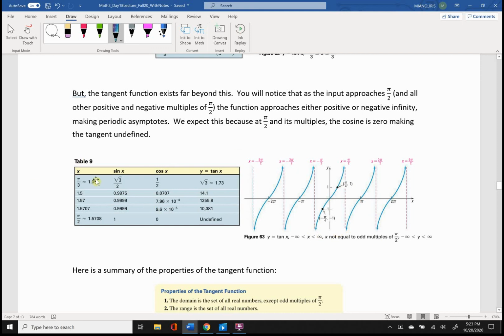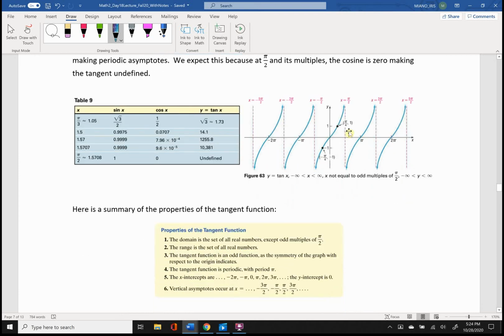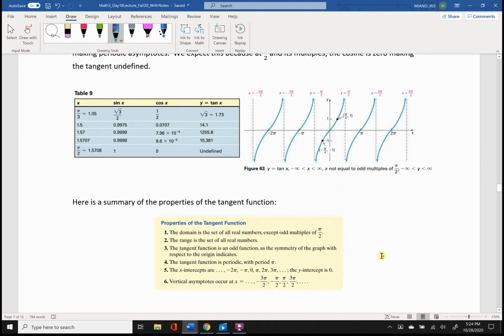From this table, you could see the asymptote at pi over 2, where the output is undefined because the cosine, the denominator in the ratio version of tangent x, which is sine x over cosine x, is 0 at pi over 2. So the value of the tangent is undefined there. Hence, the placement of these asymptotes.